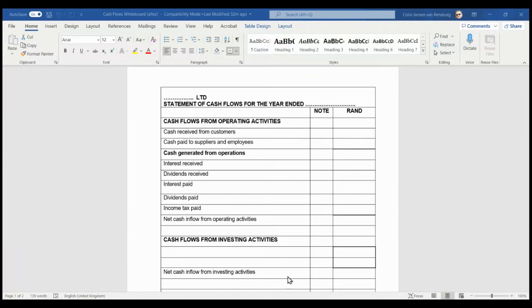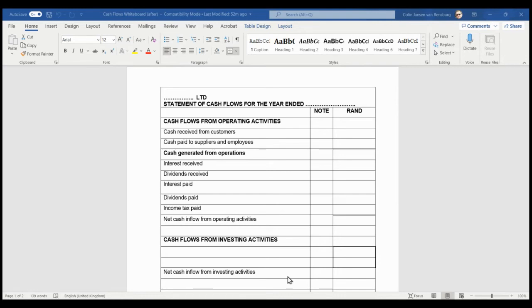Right. Now, dividends paid, ladies and gentlemen, that's our fourth one. That doesn't actually relate to an expense. It relates to a distribution of your retained earnings. So there is a figure that is closely related to dividends paid, which we find in our statement of changes in equity.